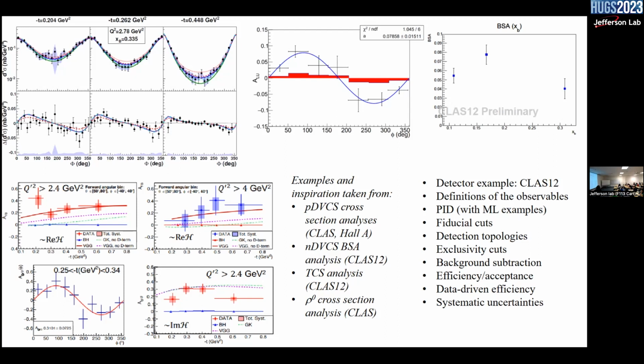What I'm going to do is start with the detector, giving you the example of CLAS12, describing how the detector is made, and then introduce the kinds of observables that we can measure, and decompose the observables into the pieces that you need to extract in order to get the final result. Then I'll talk about particle identification.